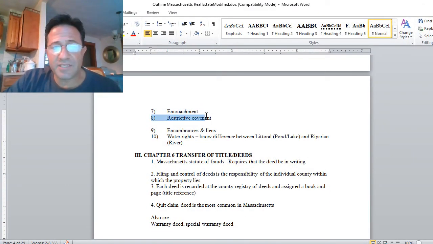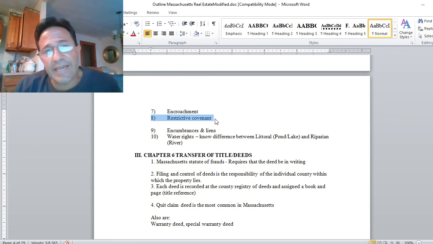Restrictive covenant. With a restrictive covenant, that's another restriction that can be placed on a deed by the grantor. Usually in this instance, the grantor is a developer, and the developer can do things like in the Pine Hills. That's always the instance I use. The Pine Hills is a very large development down in Plymouth, and they can only paint their houses a certain color.